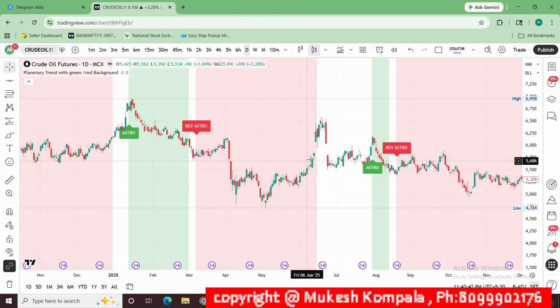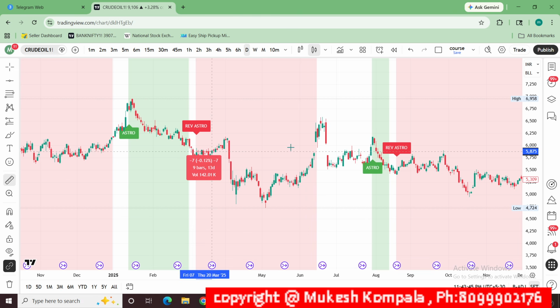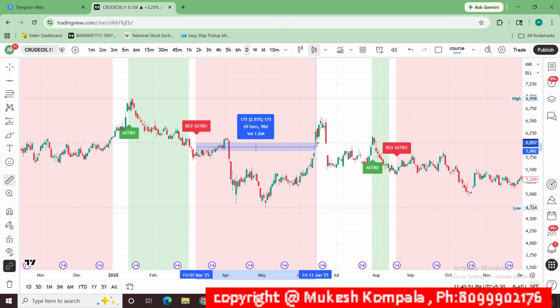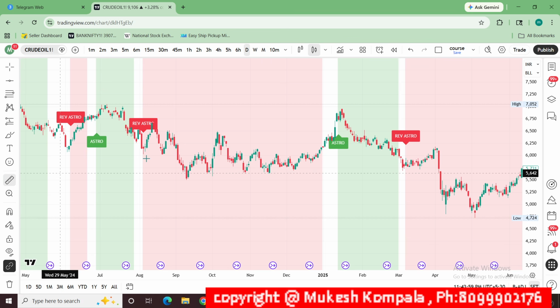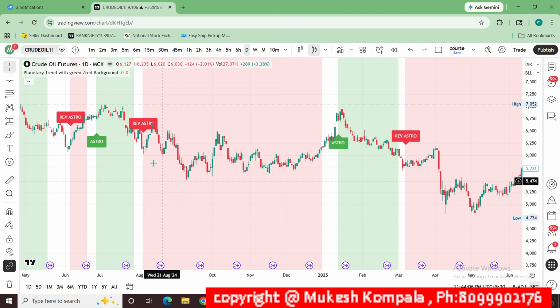Go for previous. This is the same level, 2% to 3% loss. Go for previous. That is a 0.7% loss.